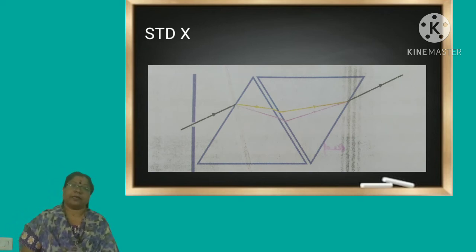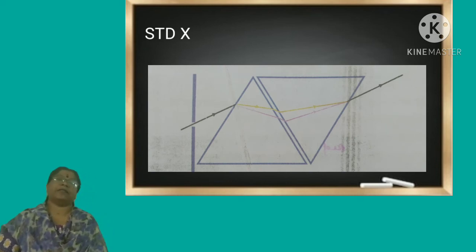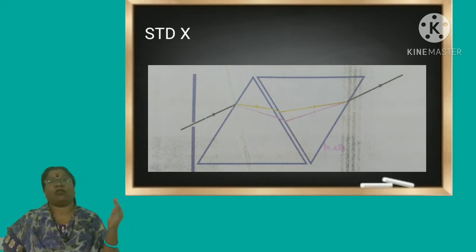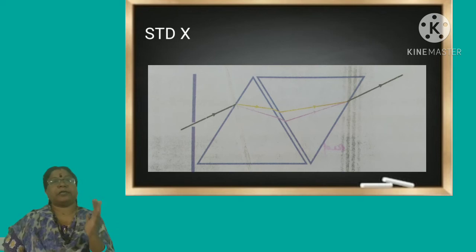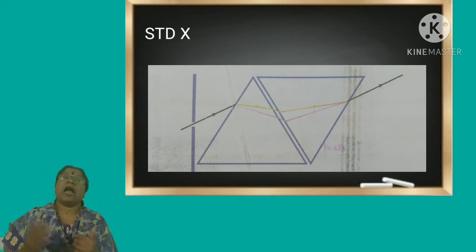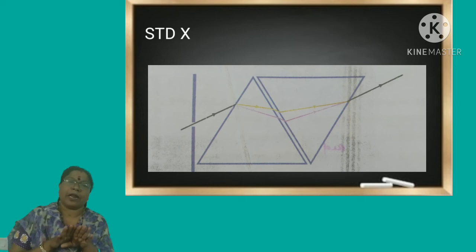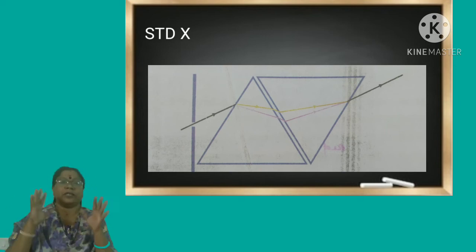Recombination of colors means, in this activity what you studied was a ray of sunlight was allowed to fall on a triangular glass prism and it splits up. Now, as you see in the figure, another triangular glass prism is placed inverted, that is upside down, and it is kept very close to the first so that it forms the shape of a parallelogram. What happens?